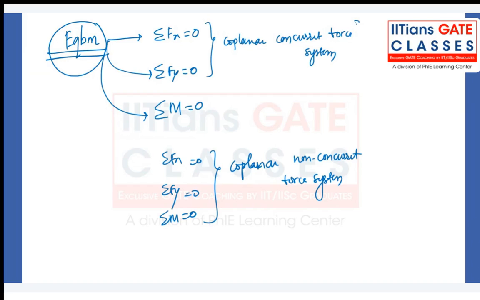From tomorrow onwards, we'll start with free body diagrams and equilibrium. Mainly our focus will be solving problems, with a little bit of theory in between, because the majority of basics we have studied today itself. Once we are done with this, we'll start the friction topic.